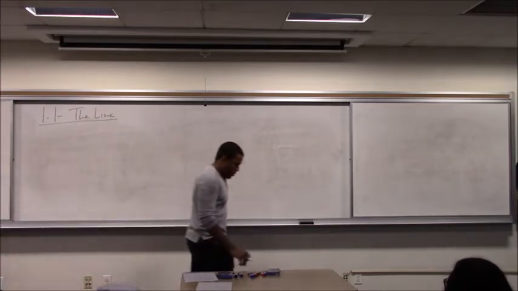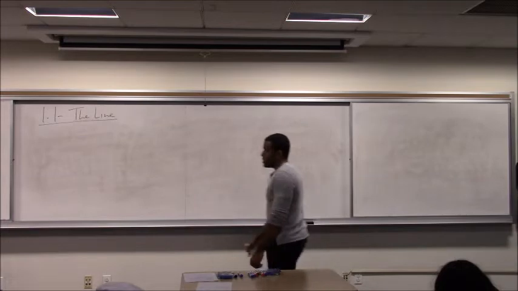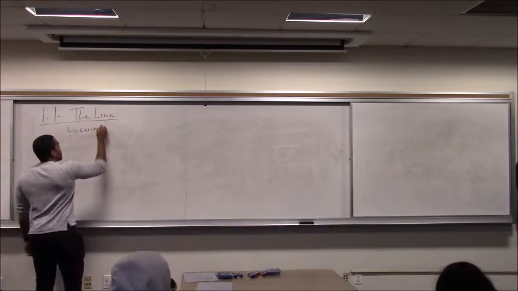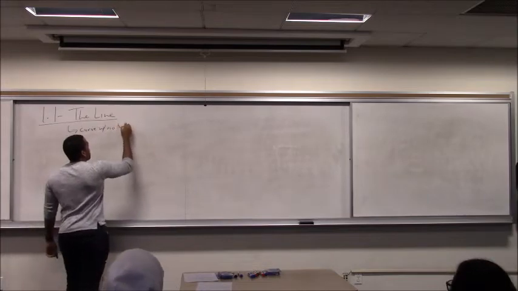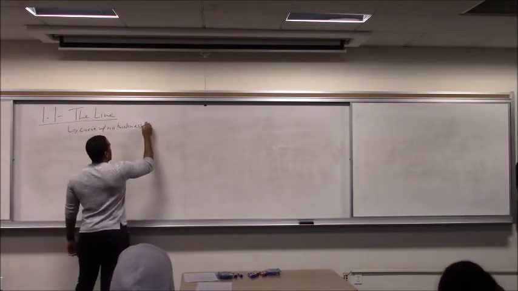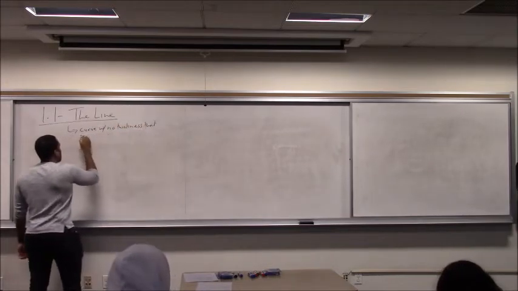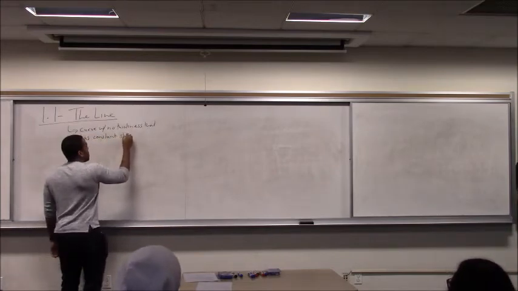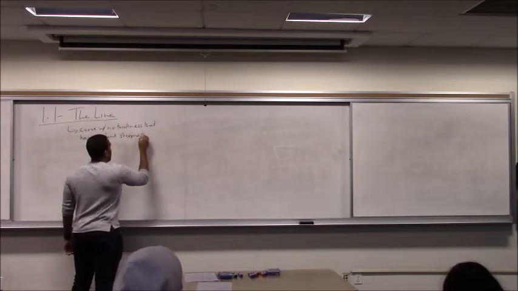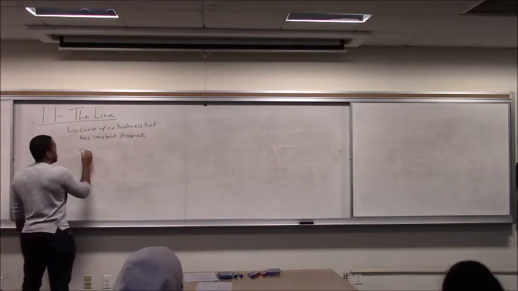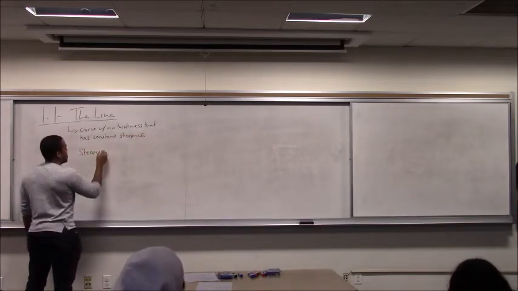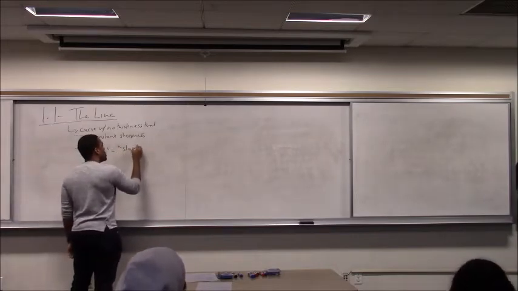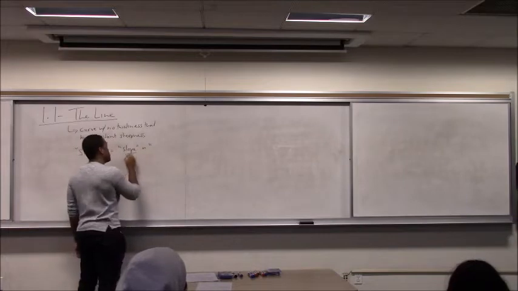So a line is a curve of no thickness that has constant steepness, basically. The steepness we would often call the slope or the gradient, mostly slope.